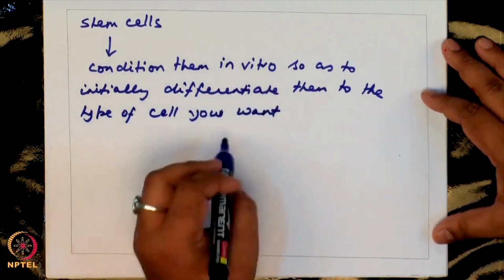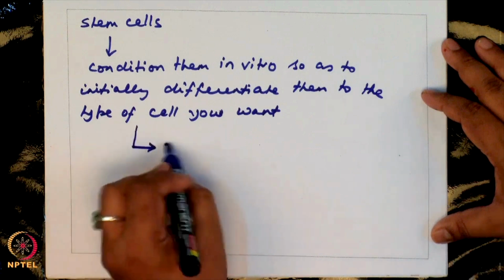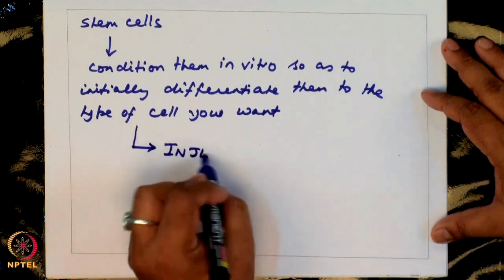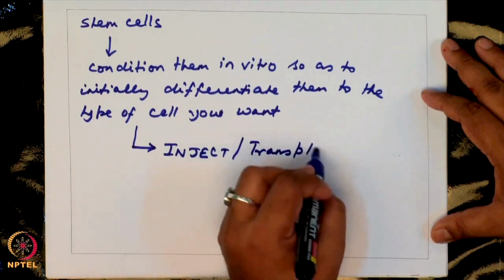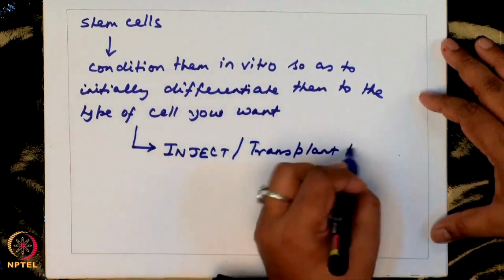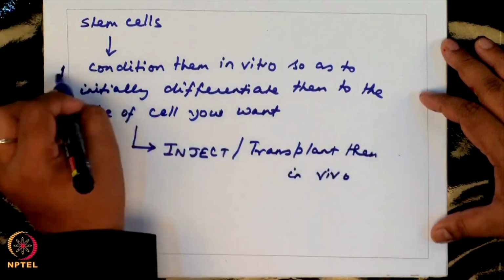And then once you have observed this kind of differentiation in vitro, you can inject or transplant them. So, this might be one strategy.